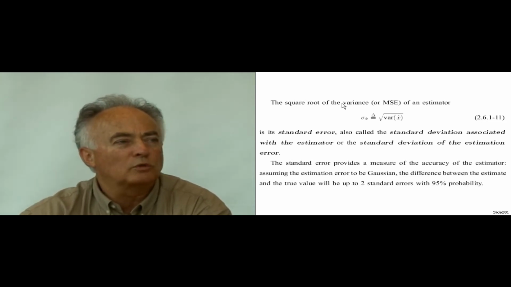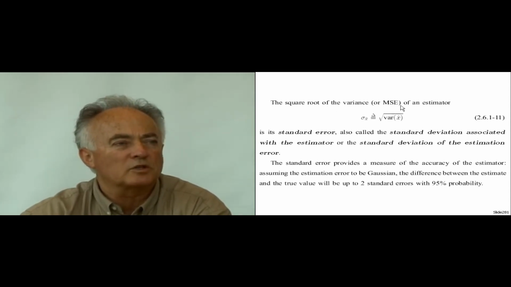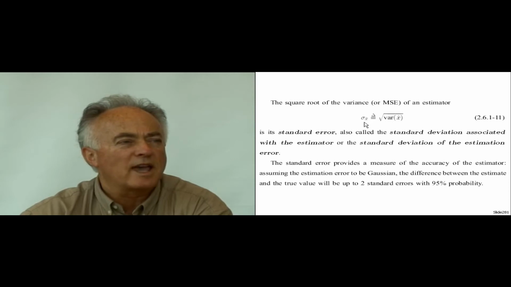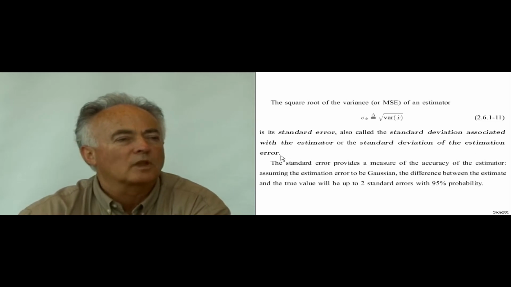The square root of the variance or of the mean square error in the more general case of an estimator, sigma x hat, which is the square root of the variance of x hat, is called the standard error or the standard deviation associated with the estimator, or the standard deviation of the estimation error.